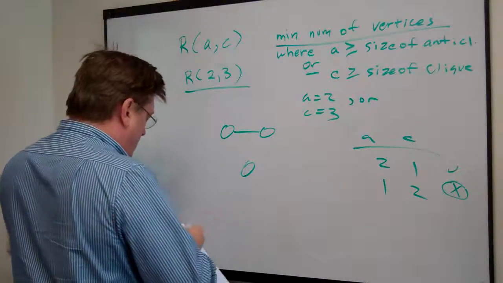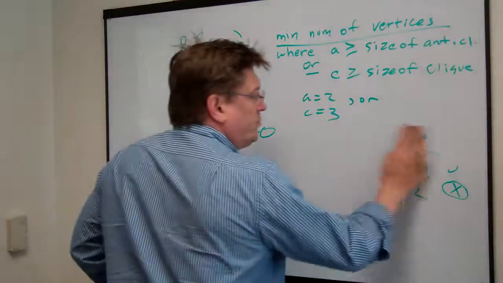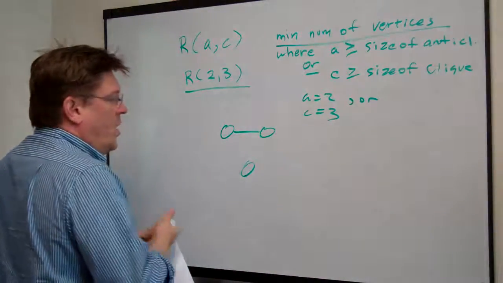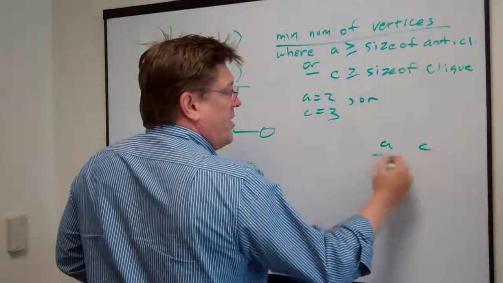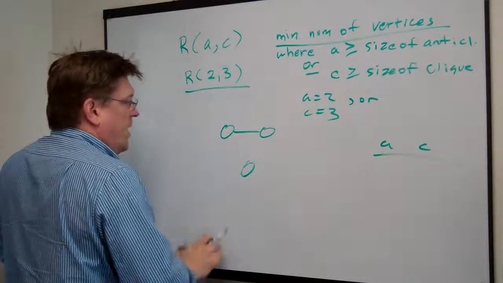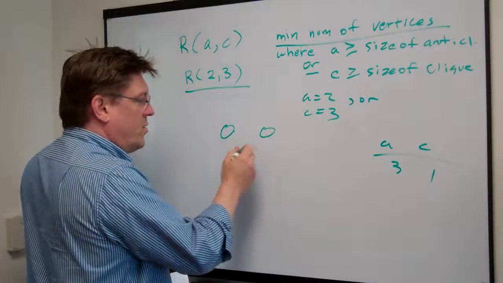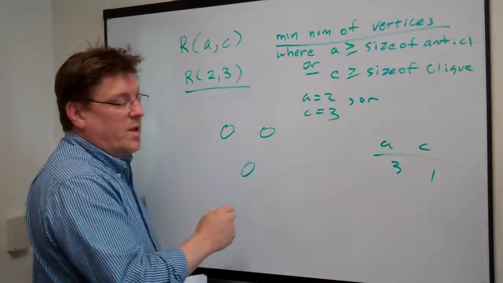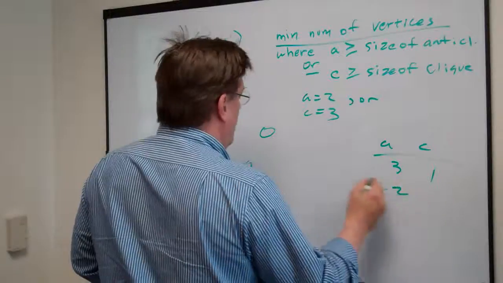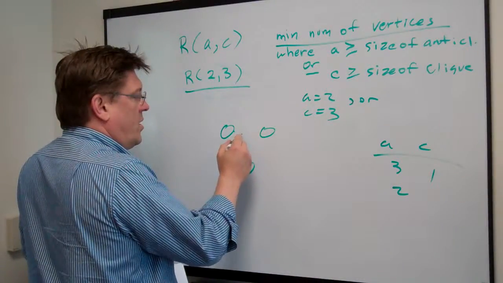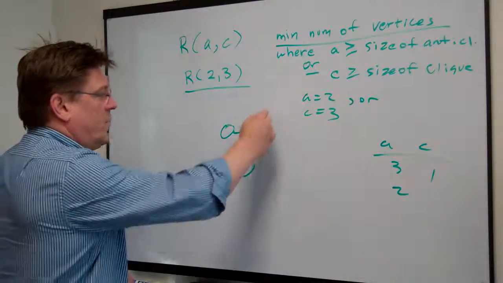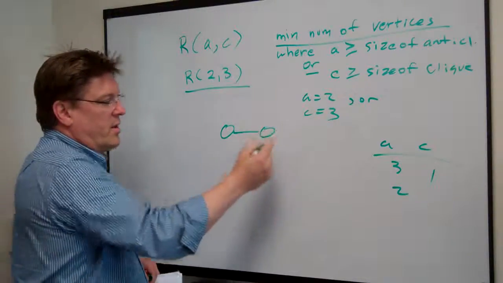If we go up to 3, then we can have, let's say, anti-clique of 3, clique of 1. If 3 is the anti-clique and each one of those is a clique, we can have anti-clique of 2. So anti-clique would be this one, anti-clique would be that one, and clique of 2.